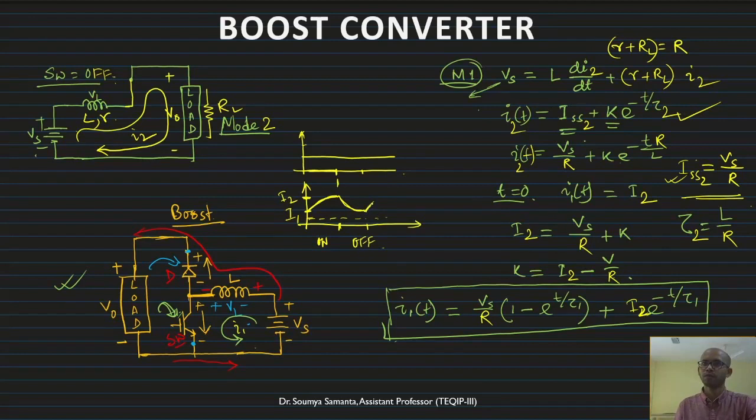So the switch is turned on, then it will go up again, and it will turn like this. So this will be the inductor current IL, or I1 here. So this is I1, this is I2, this is I1, this is on time, this is off time.